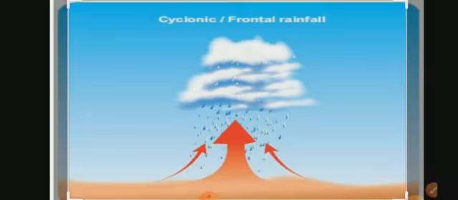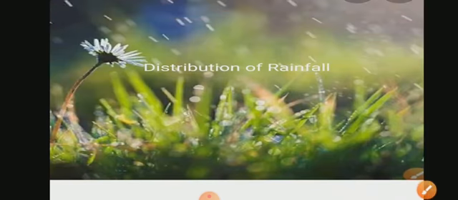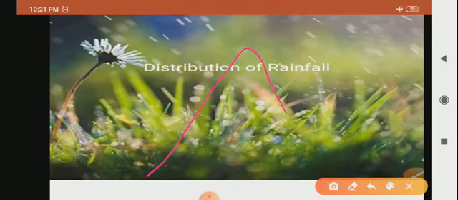Next, rain is more on the windward side, which I already explained in the previous slide. Suppose this is a hill, and this area is the windward side and this is the leeward side.